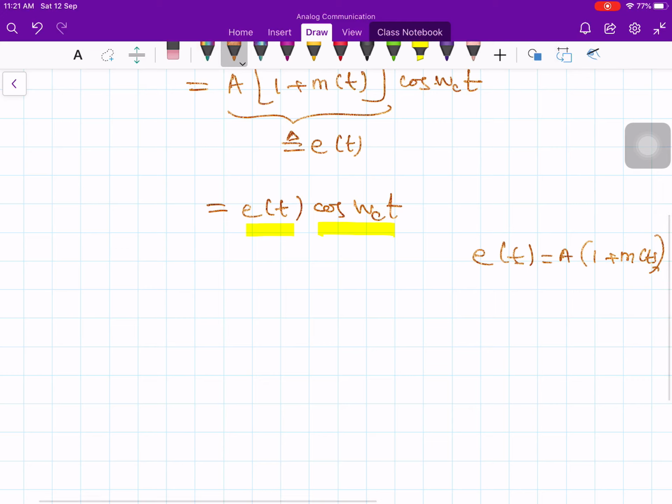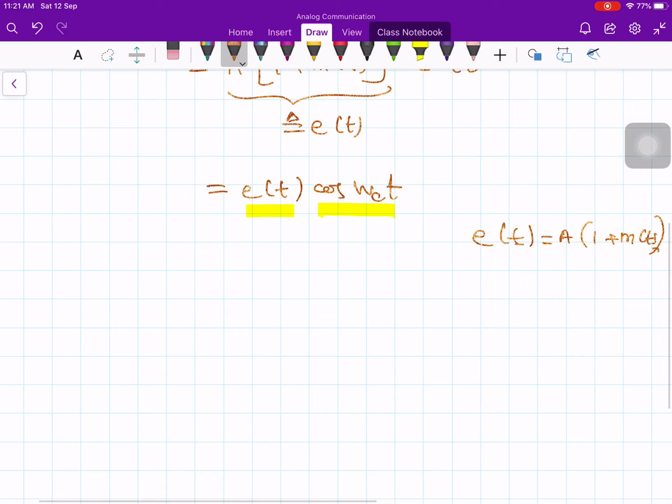Now let us look at the time domain behavior of this waveform. It can be made to have a very interesting property under a certain condition, that is, if the magnitude of m of t is less than 1.